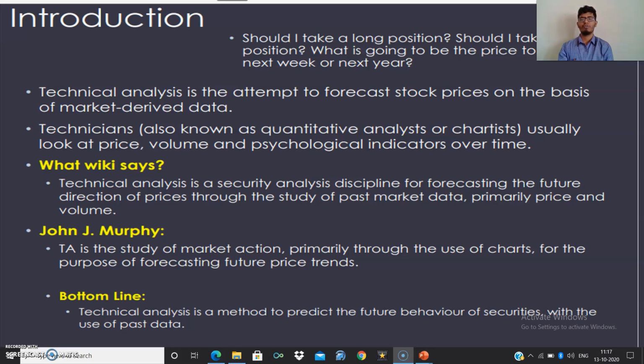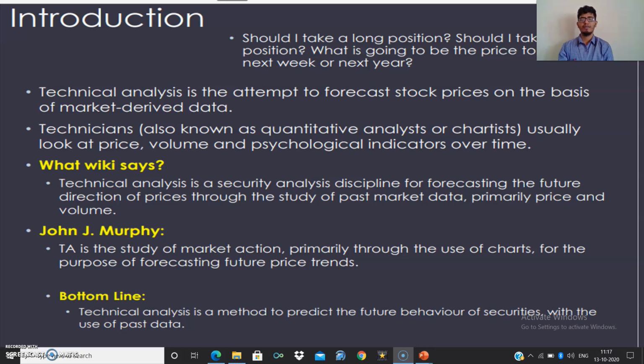The meaning from Wikipedia: technical analysis is a security analysis discipline for forecasting the future directions of prices through the study of past market data, primarily price and volume. So by studying the past market data, primarily price and volume, we can analyze the market. That analysis is called technical analysis.